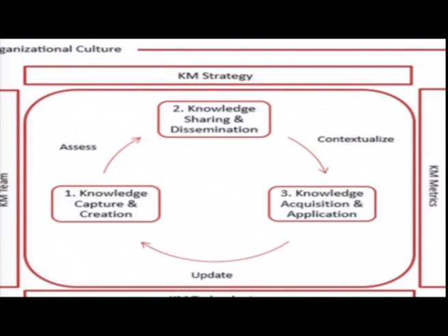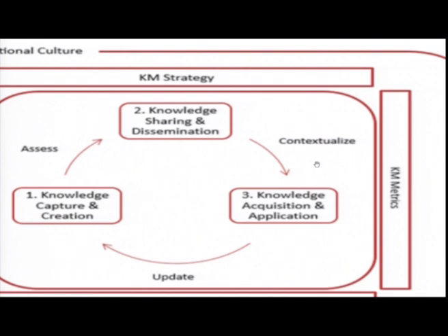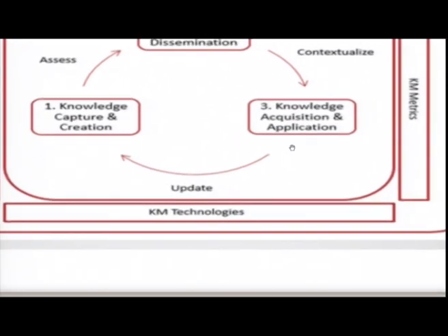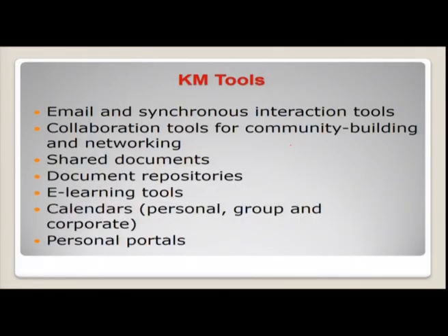You assess the knowledge capture and creation, and based on your assessment you have knowledge sharing and dissemination, and then you contextualize, then you have knowledge acquisition and application, then you update, and the cycle repeats. This is called the knowledge matrix, and the technology that we use is part of the KM knowledge management technology.